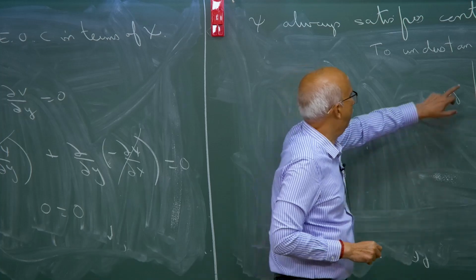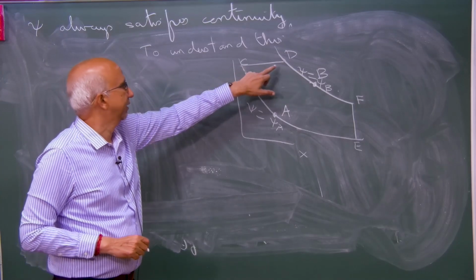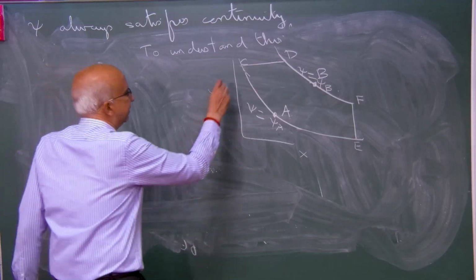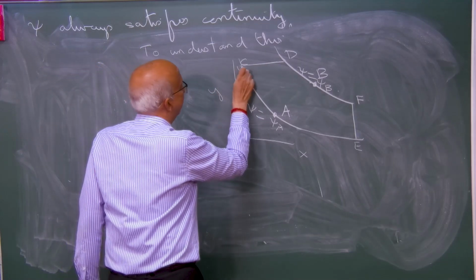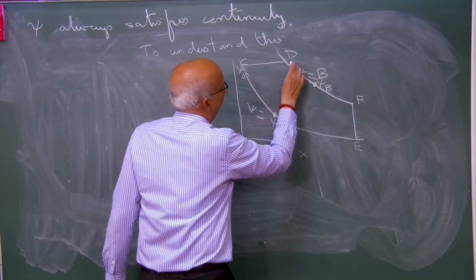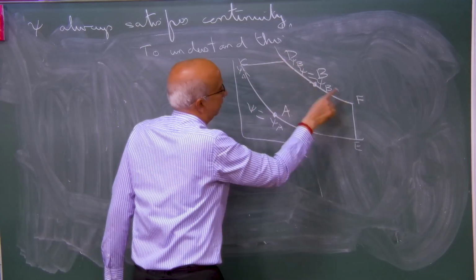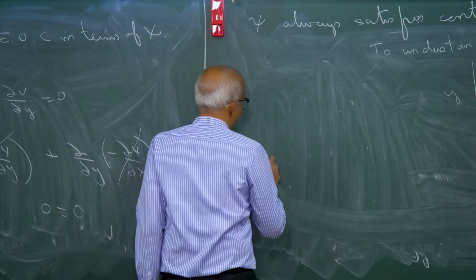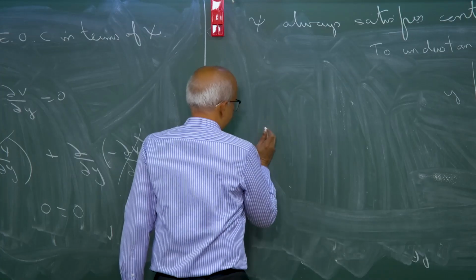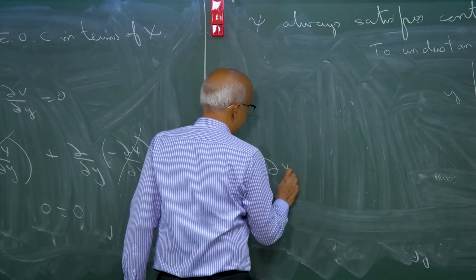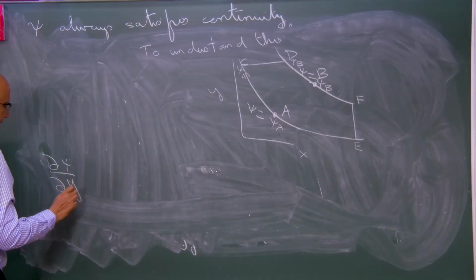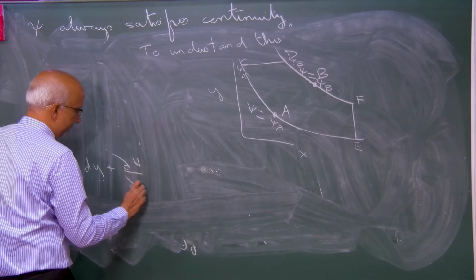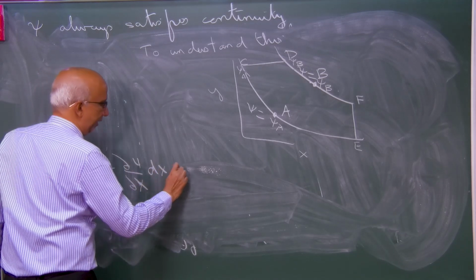Now, I want to look at this line CD. At C, what is the value of psi? It is psi A. At D, what is the value of psi? It is psi B, because it is on the same curve. Okay. So, now what do we have? d psi by dy into dy plus d psi by dx into dx equals d psi.